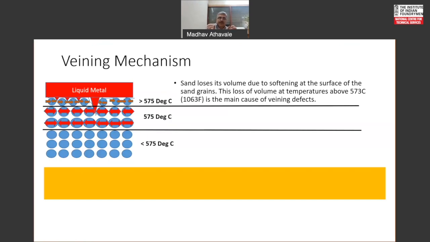So while on the bottom side there is a linear expansion, there is expansion happening at the bottom.